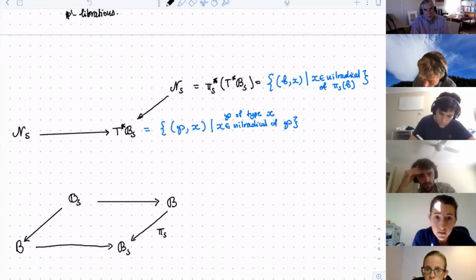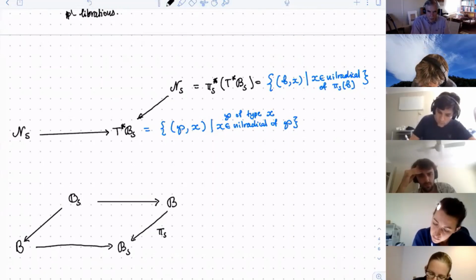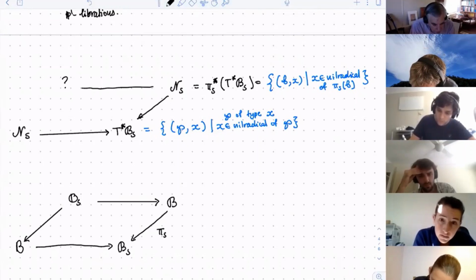And when we take fiber products, we get something. So we'll decide what the something is in a second.